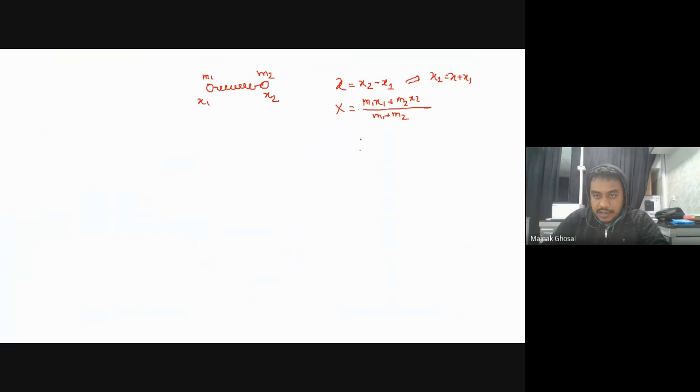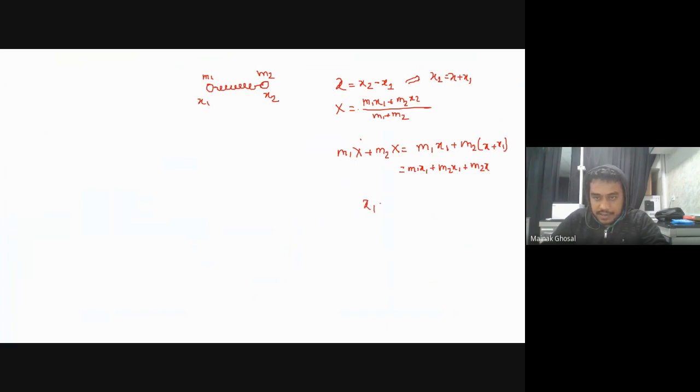Put this here and cross multiply: m1 x1 plus m2 X is equal to m1 x1 plus m2 x2, where x2 is replaced by x plus x1. So I can write it as m1 x1 plus m2 x1, taking the same thing into x.